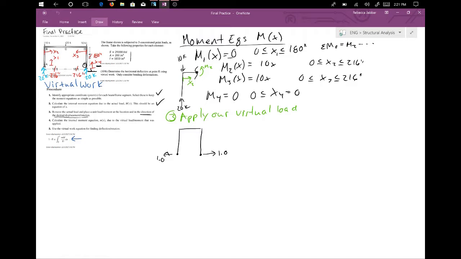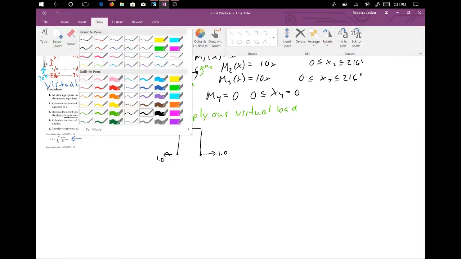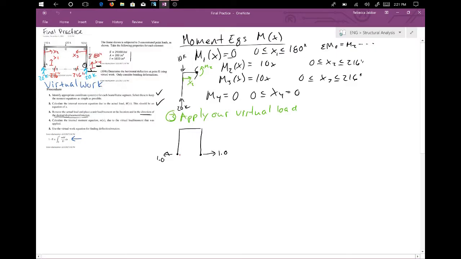And we are just going to use the same coordinate system that we had before. So this is our x1, this is our x2, this is our x3, this is our x4. So we've done that. Now step 4 is to calculate the internal moment from this virtual load.